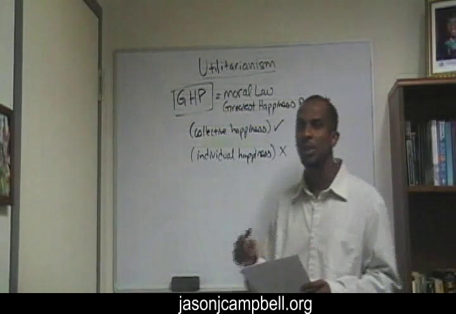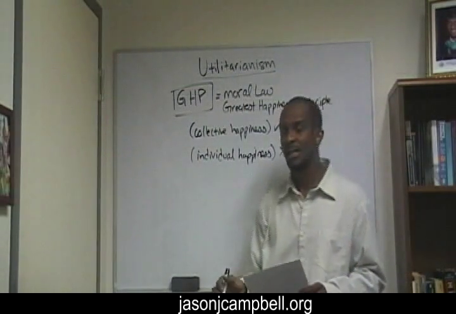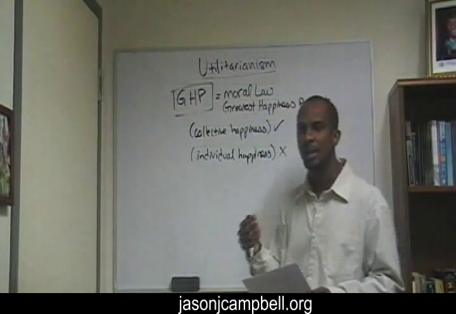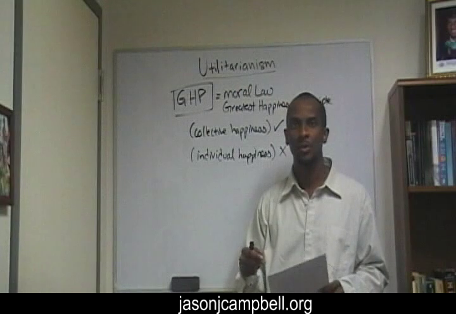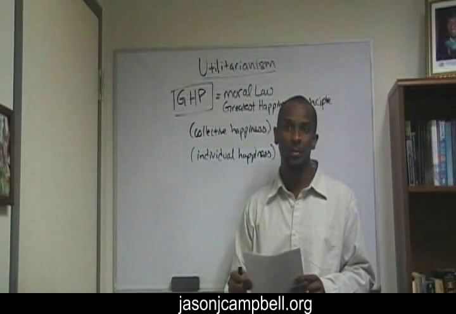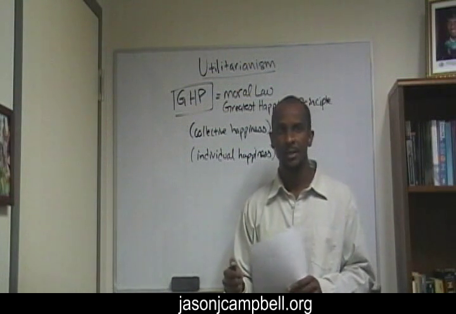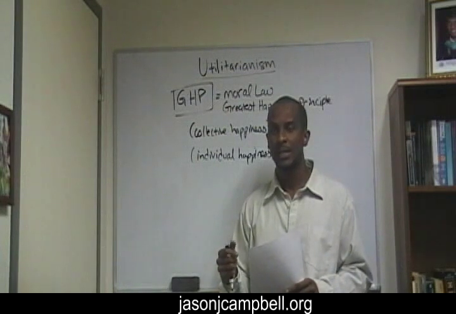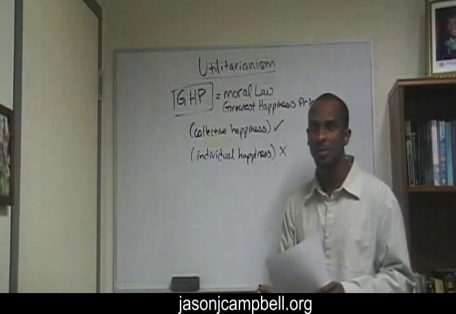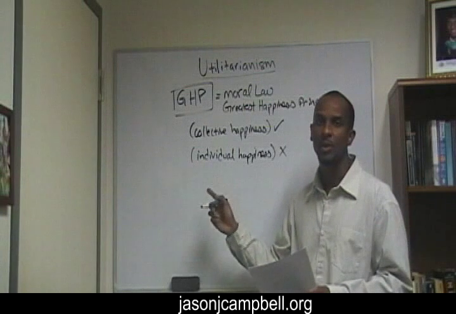So the first thing to realize is that an objector might say against utilitarian ethics that the individual is left out, right? It's not an ethic that appeals to individual people. It appeals more to the collective happiness. And it is true. John Stuart Mill himself, in his early 20s, had a serious breakdown. He realized that the system that he spent his life perfecting didn't take into account his own personal happiness.